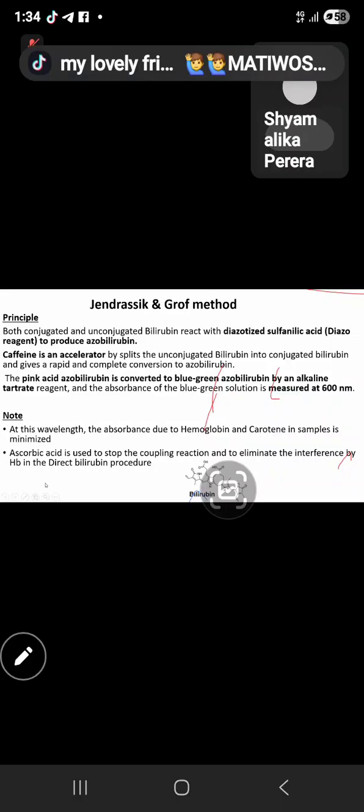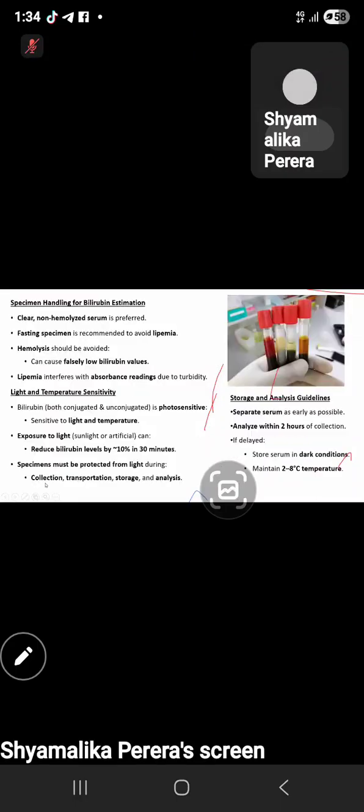So you are not going to add the caffeine, because you don't want to convert the unconjugated into conjugated. Adding caffeine is required only in the total method, but in the direct bilirubin method, you have to add ascorbic acid to stop the coupling reaction and eliminate the interference by hemoglobin. Regarding specimen handling, we need a clear non-hemolyzed serum sample for the bilirubin assay.